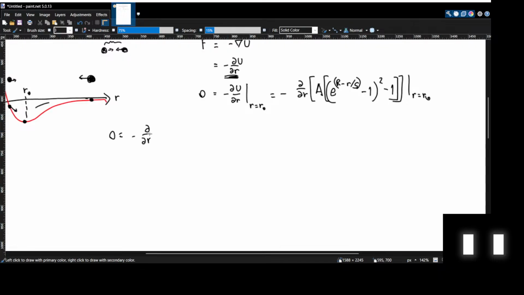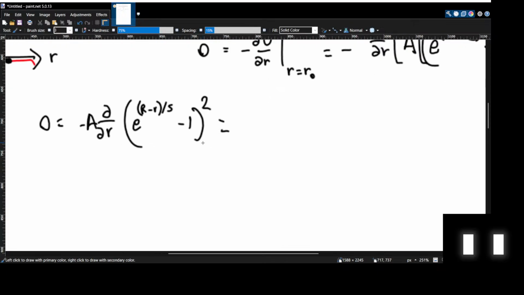A is a constant, so I'm going to pull it out right away. And the minus 1 here is again a constant, so if you take the derivative of this term it becomes 0. What's left is just e to the R minus R over S, minus 1, squared.